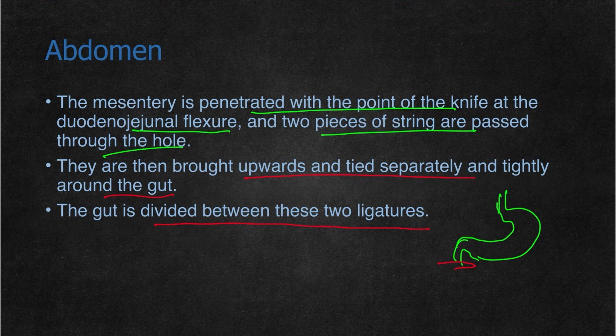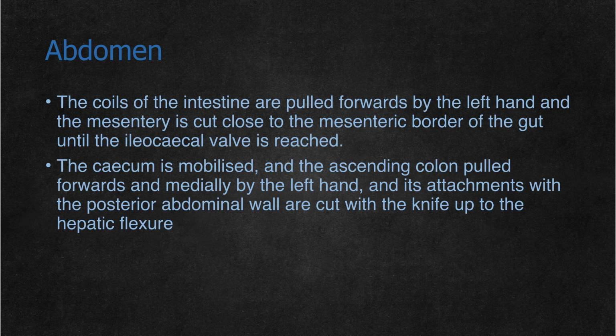So, to preserve the contents of the stomach and the intestine, first at the duodenum two strings are tied, and the incision is taken between the two ligatures. It is also done on both sides, on the upper end and the lower end. Similarly this is done in the stomach and also in the small intestines.